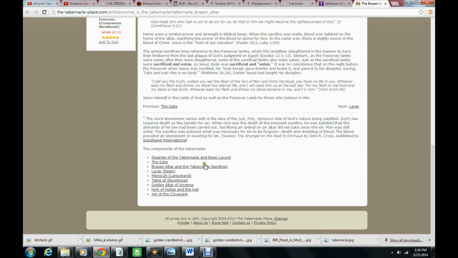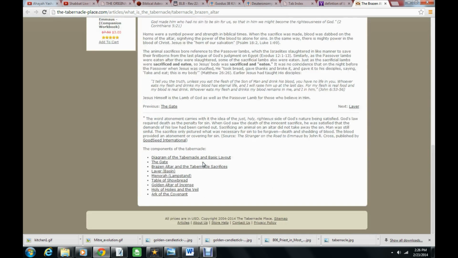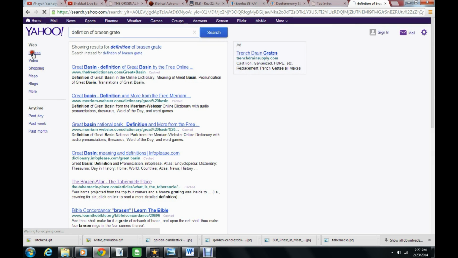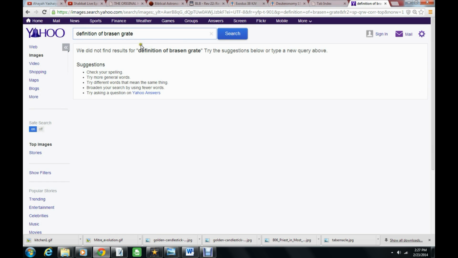I wonder if they had a, let's see if they have a picture of it here. Brass and grate. Nah, they don't have it there. Let me see if I can see. It might call a basin grate. Let's see for this. Brass and grate.